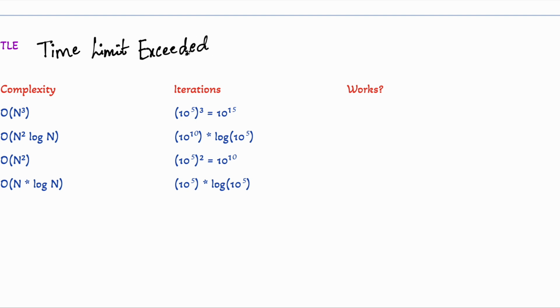There is some time limit within which our algorithm has to run, but it is failing to run within the time bound. So what is the time bound? It's generally 1 second. Our algorithm has to complete its execution in 1 second for any input number that is given in the range.